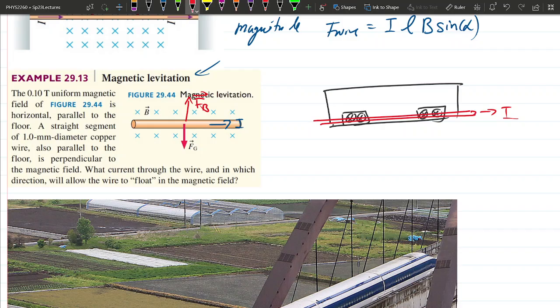This current doesn't have to just go straight. You can also have it go in a little loop in here. Well, that's probably not the right place to draw it. But with these magnets, you can draw a little wire loop that's not connected all the time.